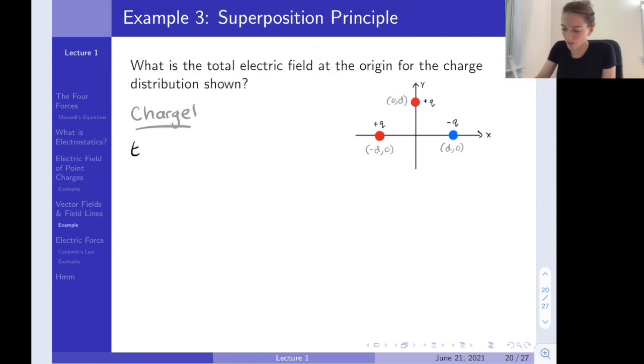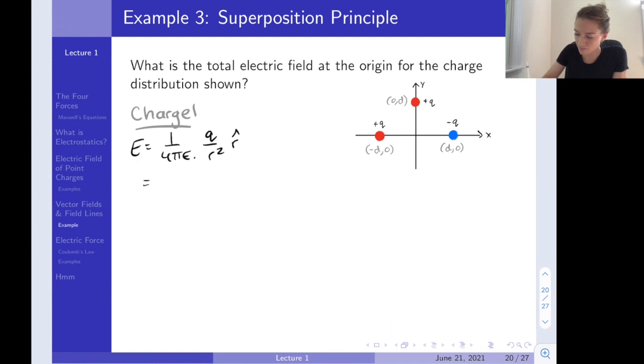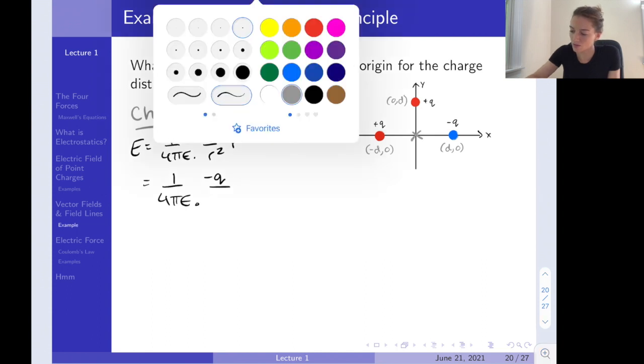So the electric field is going to be of this form: 1 over 4 pi epsilon naught. Our charge here is negative q, so let's just plug in negative q. The distance: we're looking at the origin, where we want to find the total electric field.